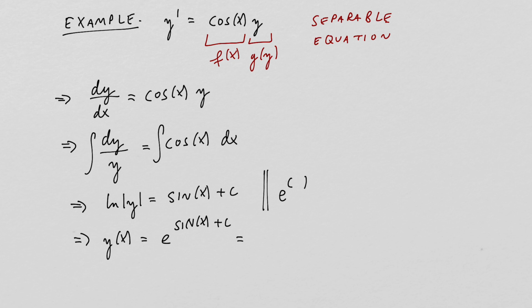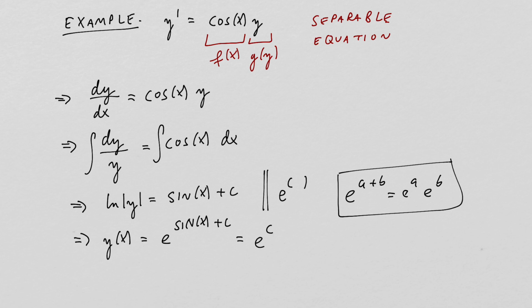Well, we can use this formula here to write it in a little bit different way. Like this. And now this constant here we can write in a little bit different way. Maybe we just call this a. So there we have our solution.